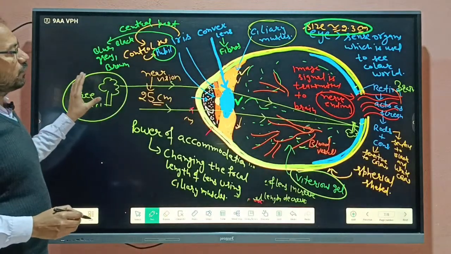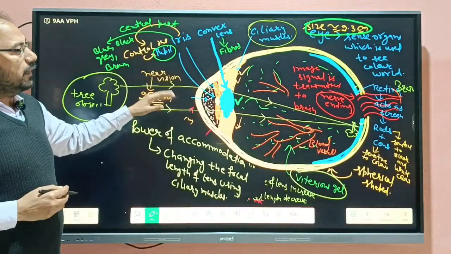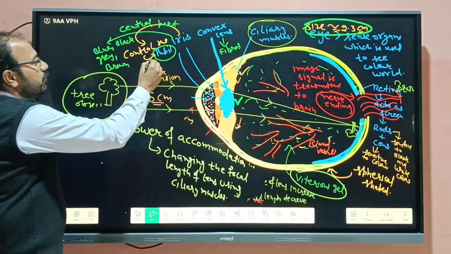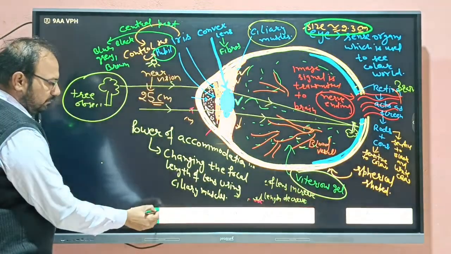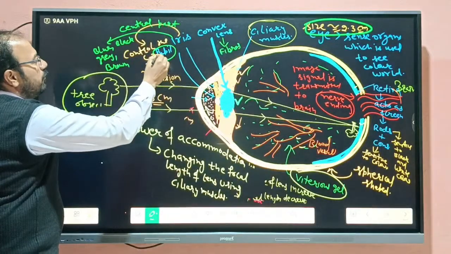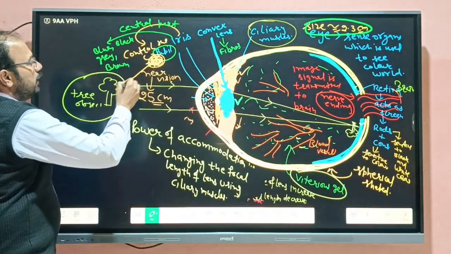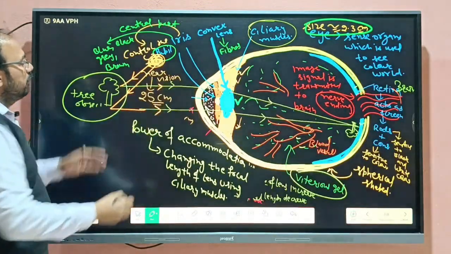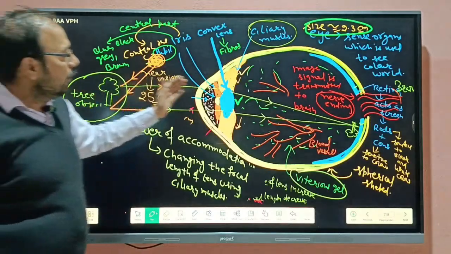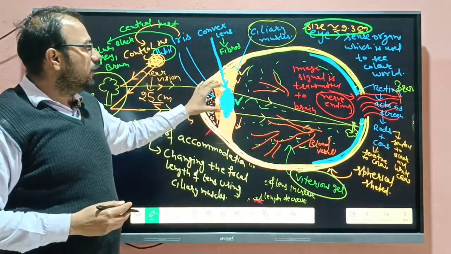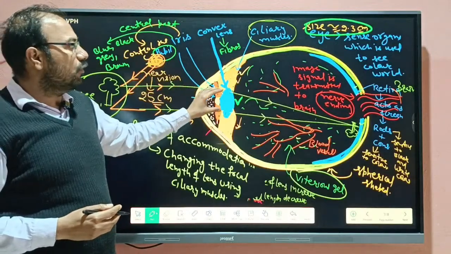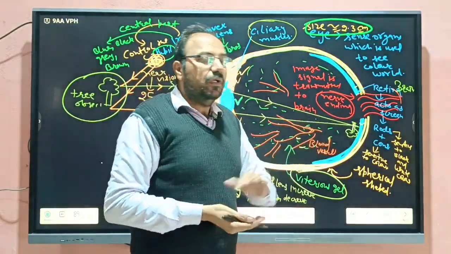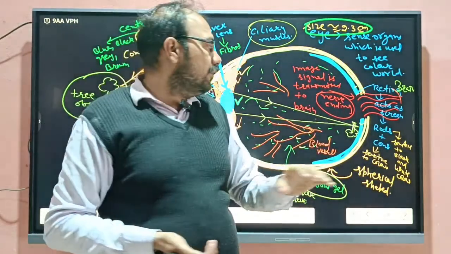This object produces light rays, and these light rays are focused on the retina. For example, this is the sun. These lights come and are reflected by the tree, and the light reflected by the tree comes to the front lens. After passing through the lens, it focuses at the retina through the refraction phenomenon, and a real, inverted and diminished image forms.